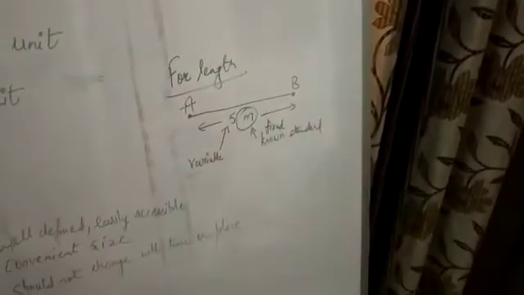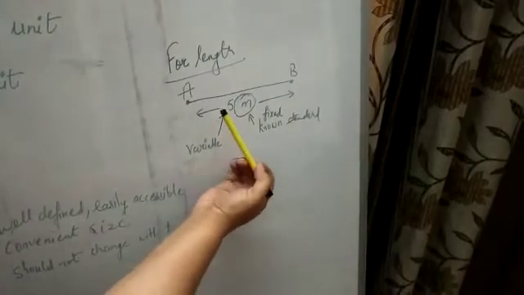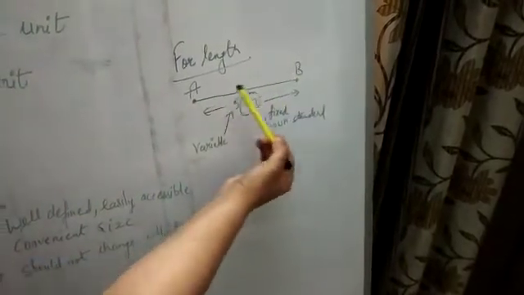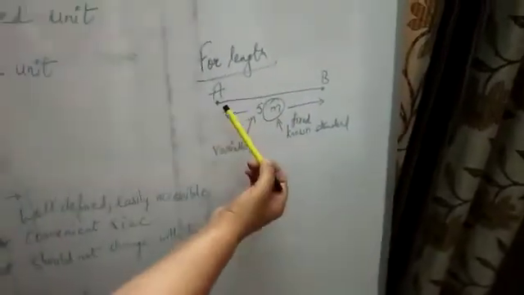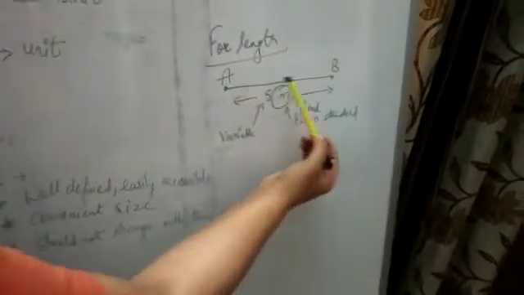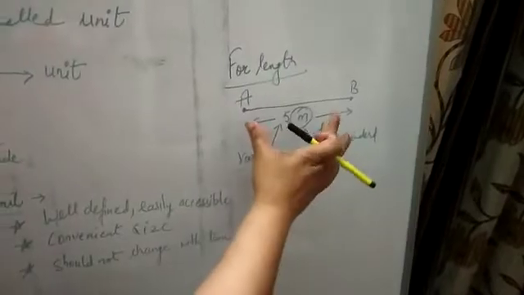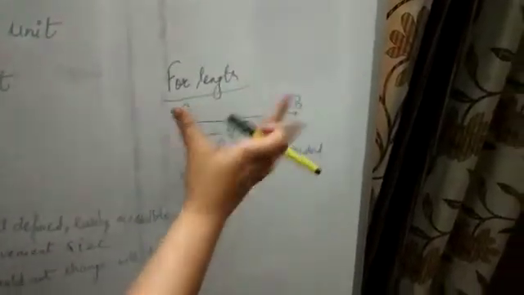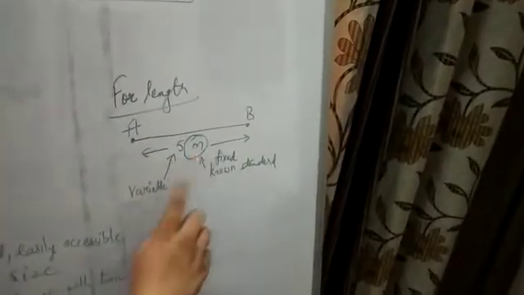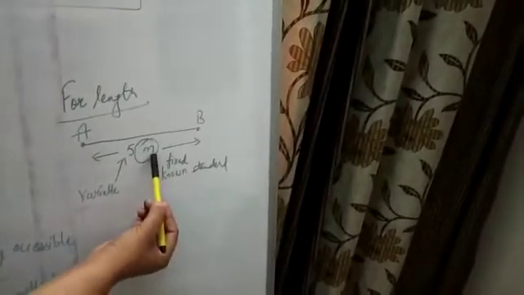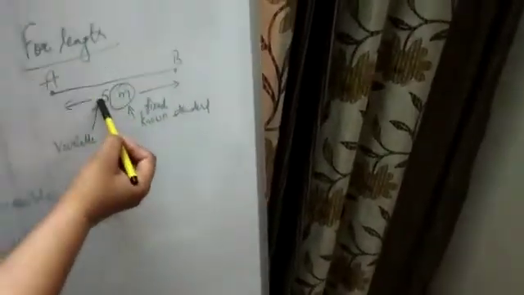We know that to measure any length, what do we do? We always take 2 points and we always measure the distance between these 2 points. Let us suppose that the length between these 2 points is 5 meter, where meter is the unit and 5 is the number, or a numerical value.